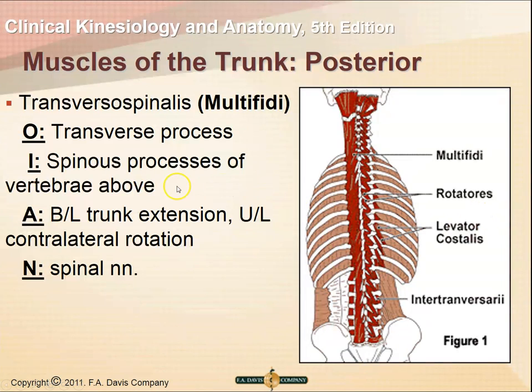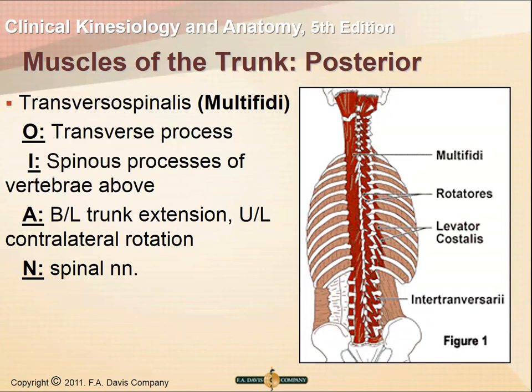Moving on to our transversospinalis. This is often referred to generally as our multifidi, but it does also include several other small muscles like our rotatores and our intertransversarii. So there are a lot of these small attachments for this muscle group, and it's going to have its origin at the transverse process, and then its insertion on the spinous process of the vertebrae above.